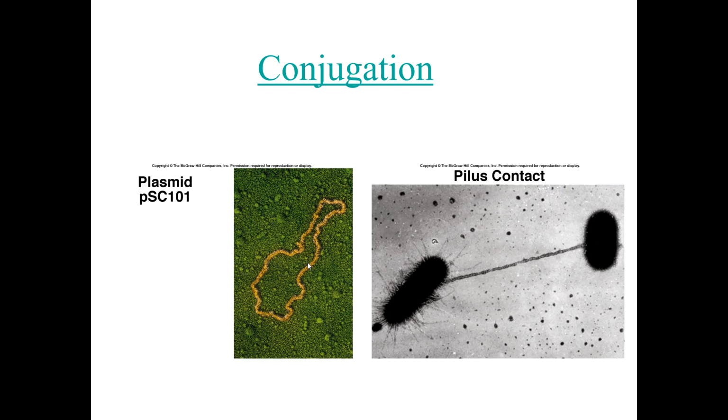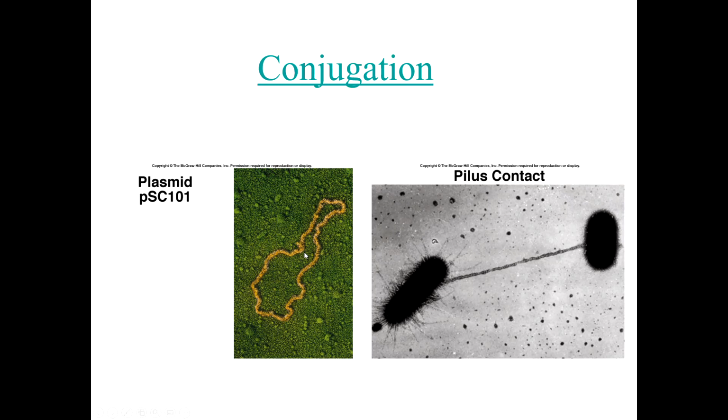What you both have done is take out the population that does not have this resistant gene and left those that have a resistant gene. And then they can pass that gene around through this process of conjugation.